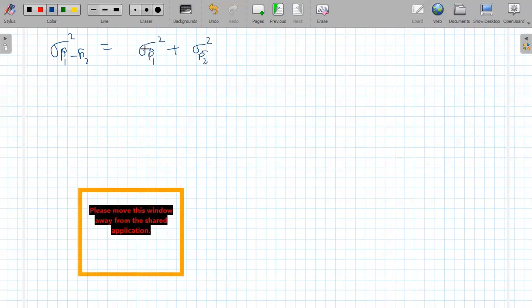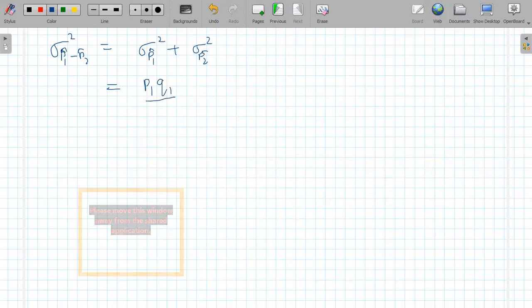This is what the variance of sampling distribution of sample proportions, which is equal to P1 Q1 upon N1, and this is equal to P2 Q2 upon N2.